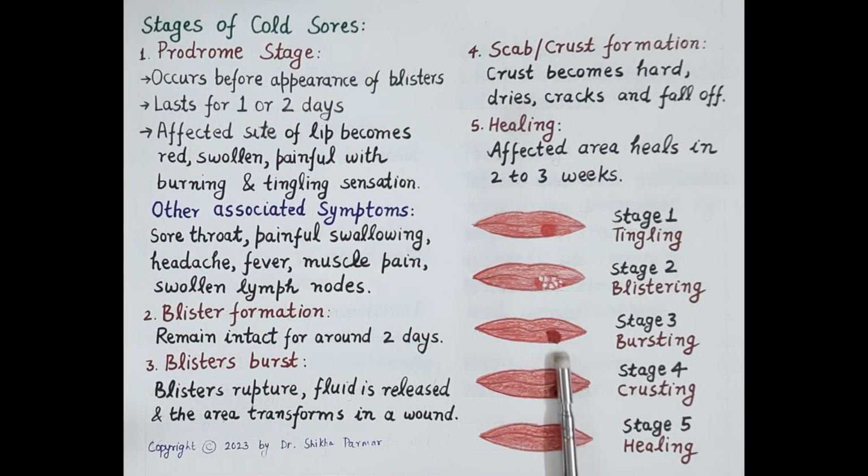Now the affected area transforms into a reddish painful wound. This wound gradually develops a scab or a crust over it. As the wound heals, the crust becomes very hard. It dries up, cracks and falls off. And the affected area heals completely in around 2 to 3 weeks. So the viral infection is usually mild and it is self-limiting. It heals on its own in 2 to 3 weeks.